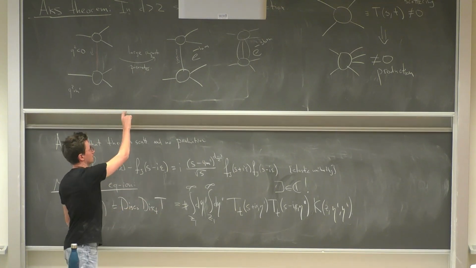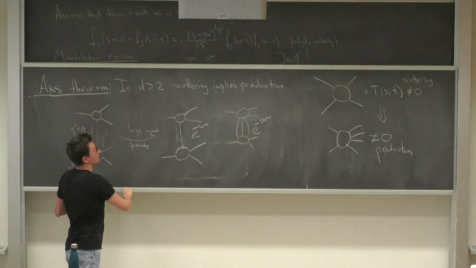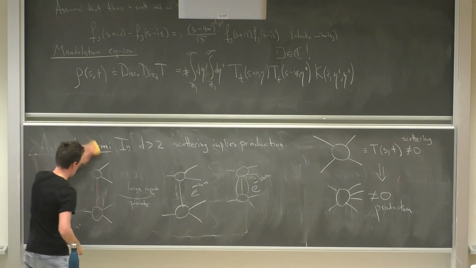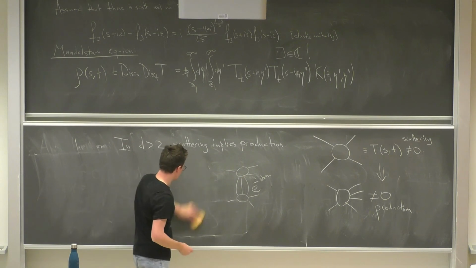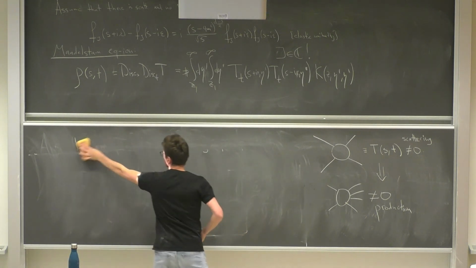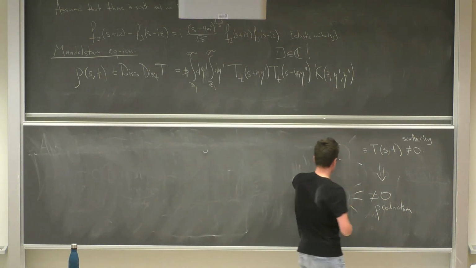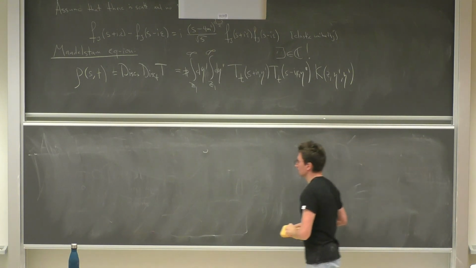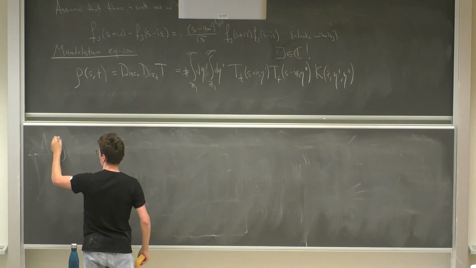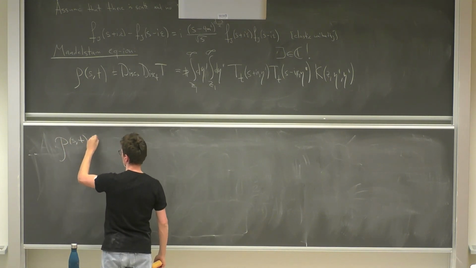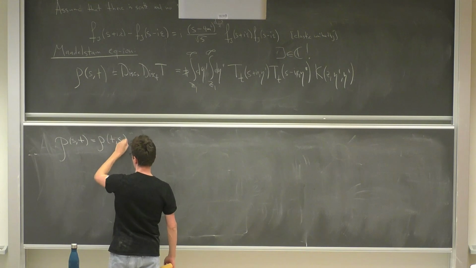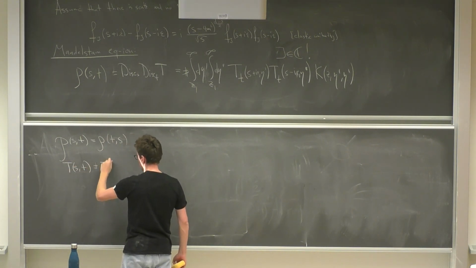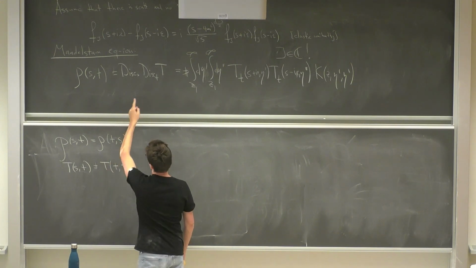In fact, this rho of S and T has to be equal to rho of T and S, which just follows from T of S,T equal to T of T,S, and you take the double disc, which is a crossing symmetric operation.